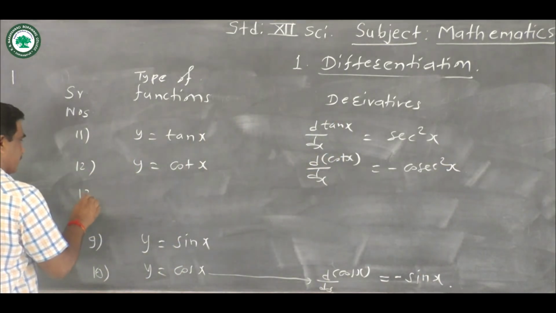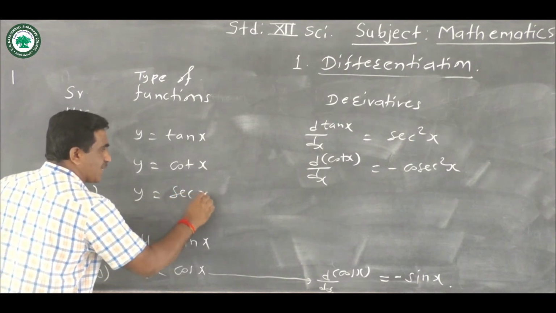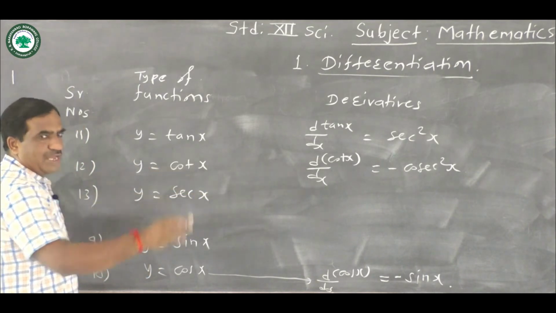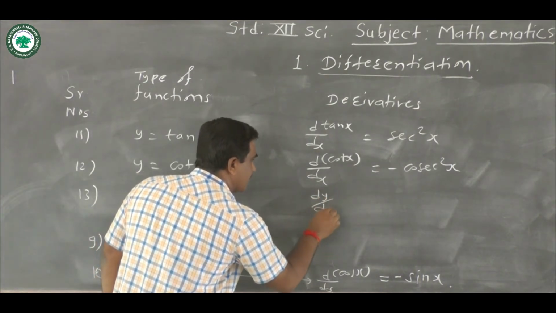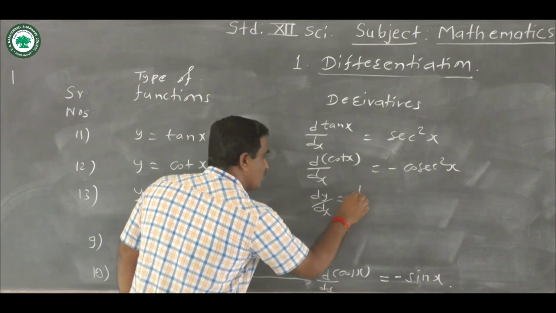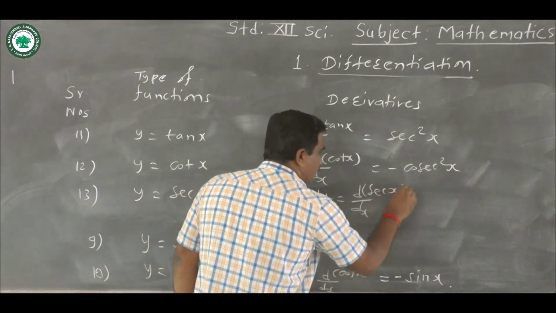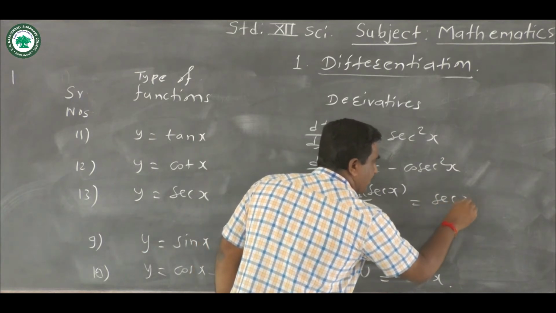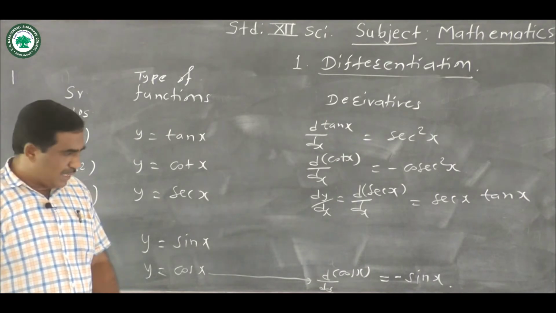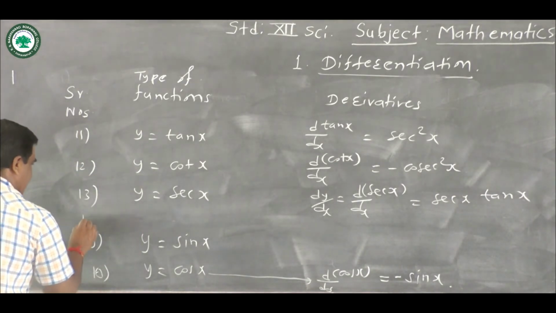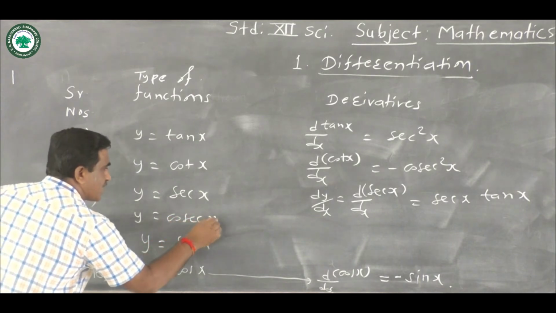Number 13, the next trigonometric function, sec x. Derivative of the function y is equal to sec x, dy by dx of sec x, is sec x into tan x. Okay. And the last trigonometric function is number 14, y is equal to cosec x.